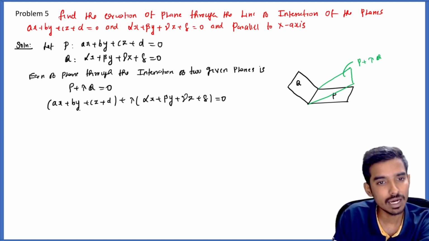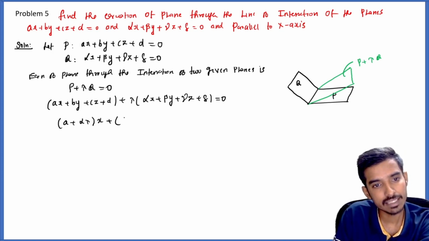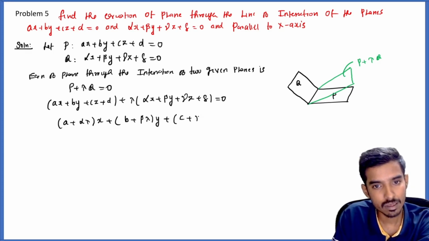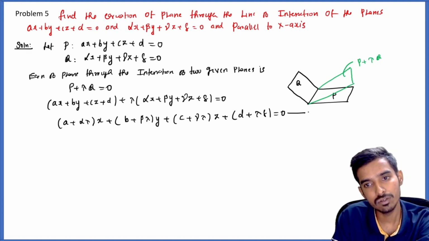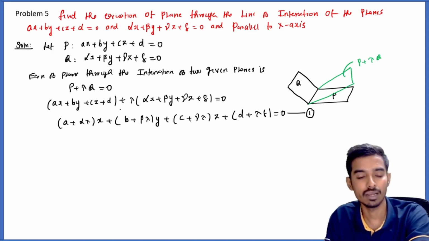So again you group all the x terms. So we will have a plus alpha into lambda x, b plus beta into lambda y, c plus gamma into lambda z. The constant term is d plus lambda delta is equal to 0. This is the required equation, right?